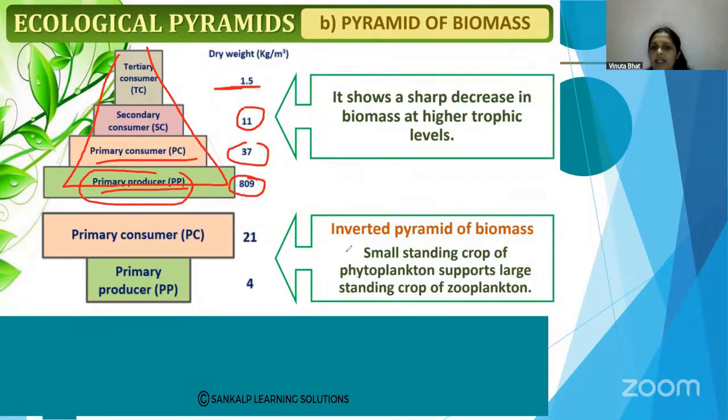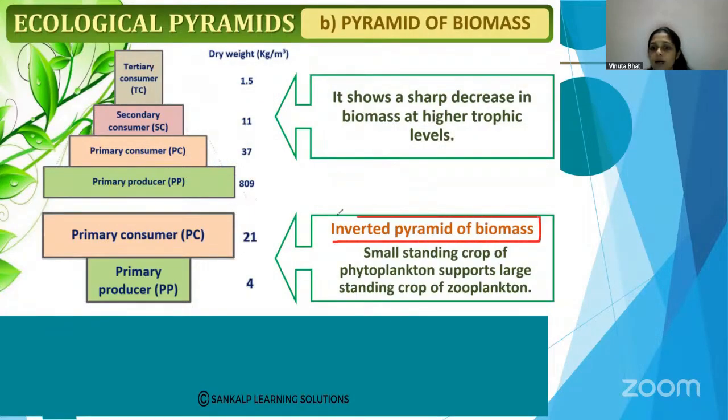Then the inverted pyramid of biomass. Here a small standing crop of phytoplankton supports a large standing crop of zooplankton. The primary producers, for example small photosynthetic organisms, are very few, but the biomass of the primary consumers is more.